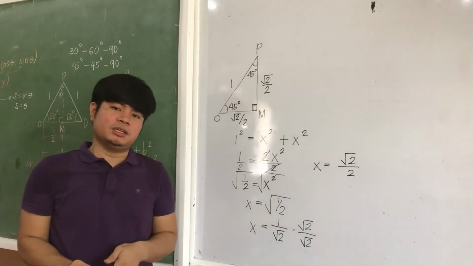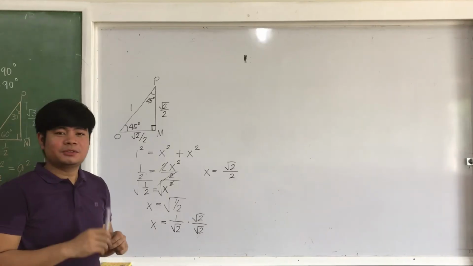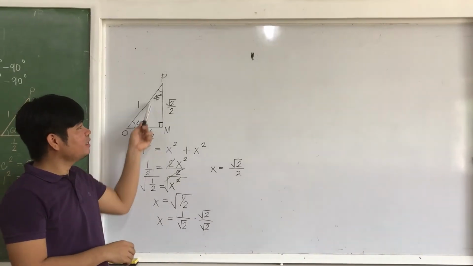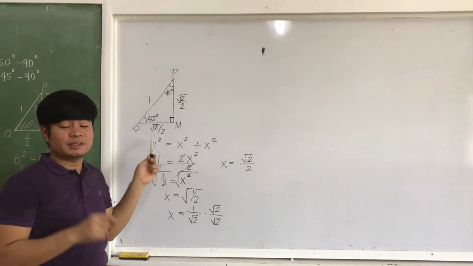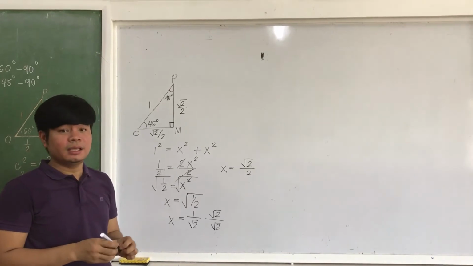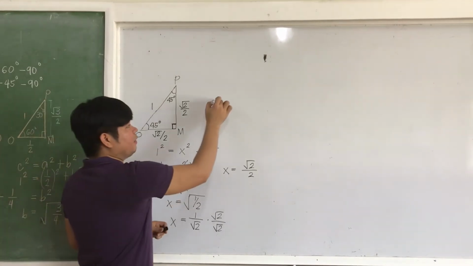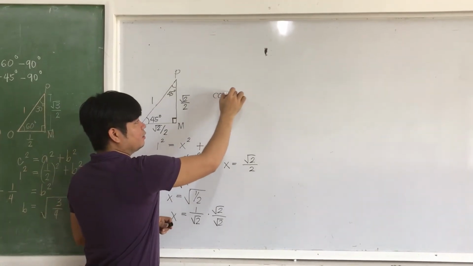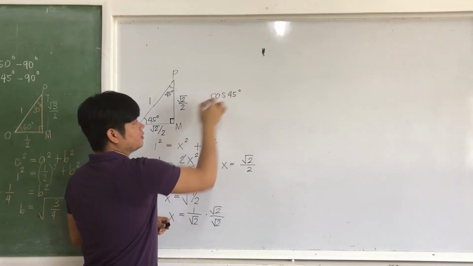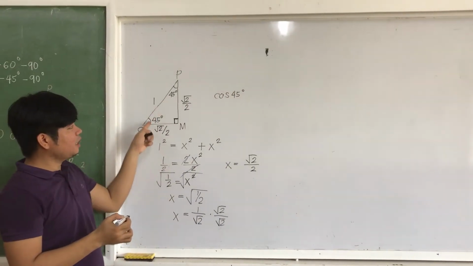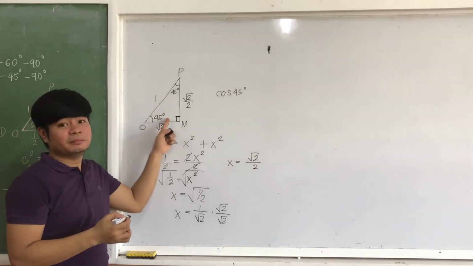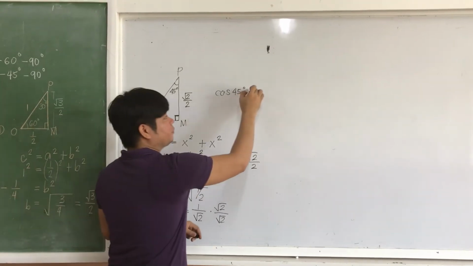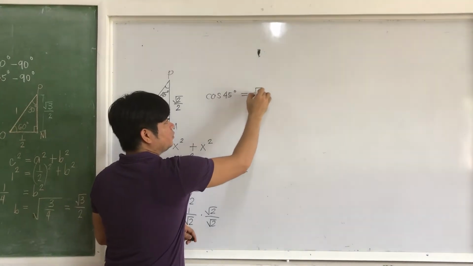So what is the implication of this? Now we observe this. This is 45 degrees, the other is also 45 degrees. They have the same length because that is an isosceles right triangle. So it means to say, if I get cosine 45 degrees, I can just choose any of these two reference angles now. Why? Because they're just the same. And the answer is simply square root of 2 over 2.